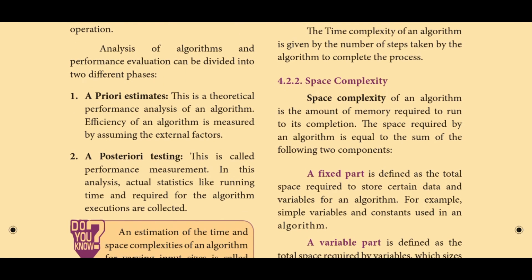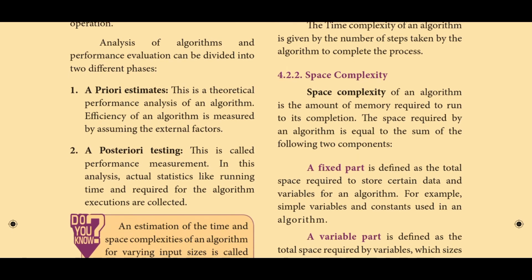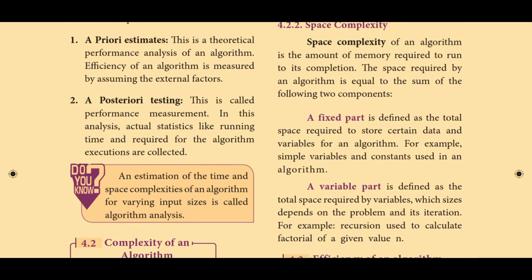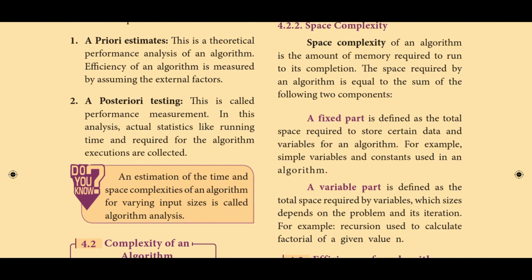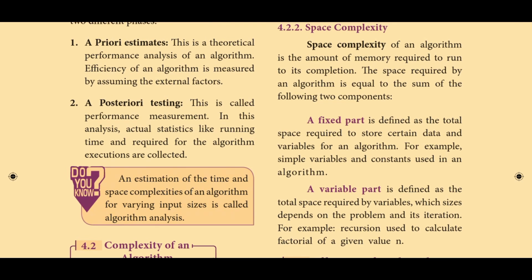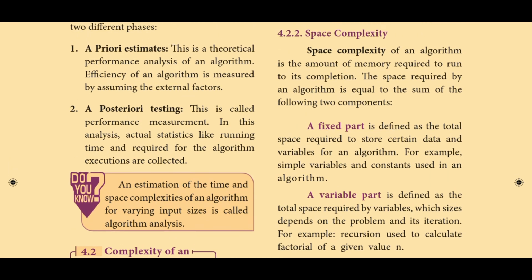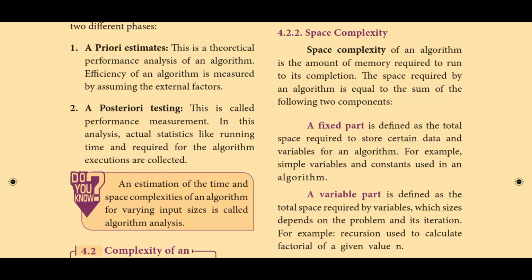This analysis can be divided into two phases: first a priori estimates and second a posteriori testing. A priori estimates are the theoretical performance, that means something which can be known without experience. A posteriori testing is the performance measurement, that means something which can only be known with sense experience.